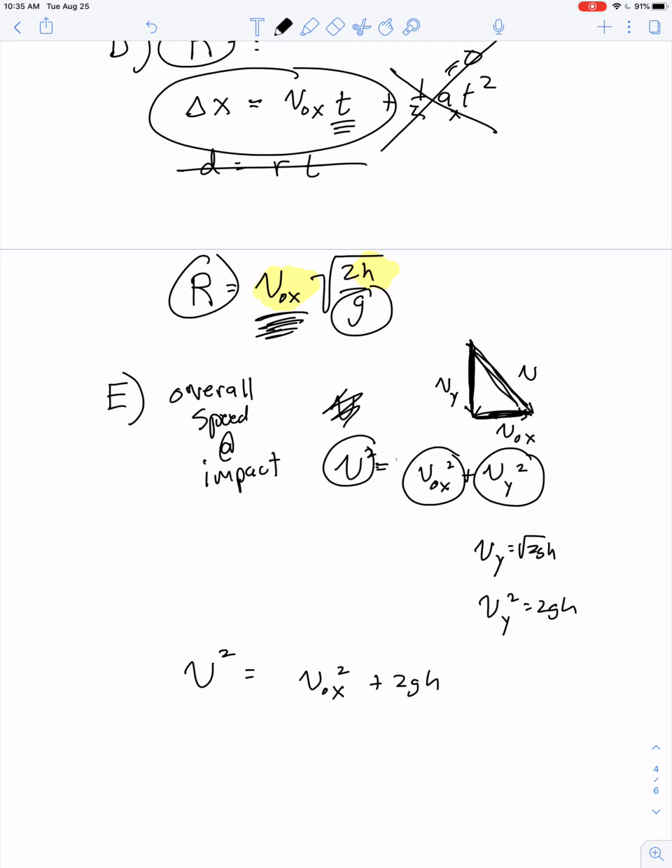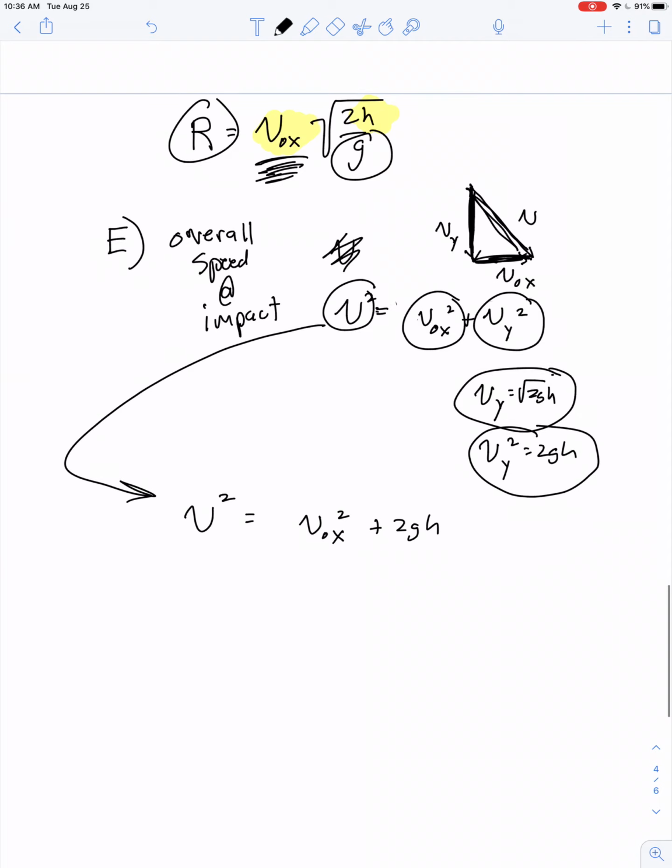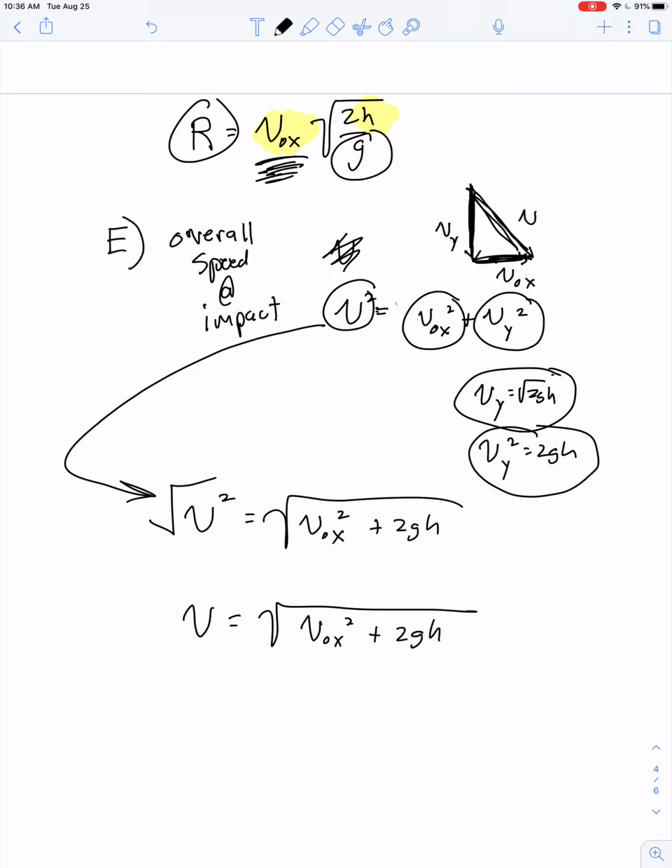But this we've got right. Vy is the square root of 2gh, so Vy squared is 2gh. So we're just restating this equation here. Of course, if I then want v, I can take the square root of both sides. So the total speed at impact is the square root of V naught x squared plus 2gh.